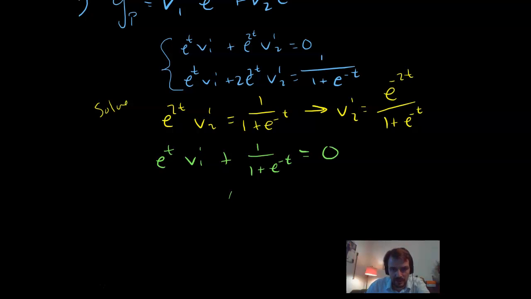And so we can subtract this and then divide, so we end up with v1 prime is equal to negative e to the negative t divided by 1 plus e to the negative t.